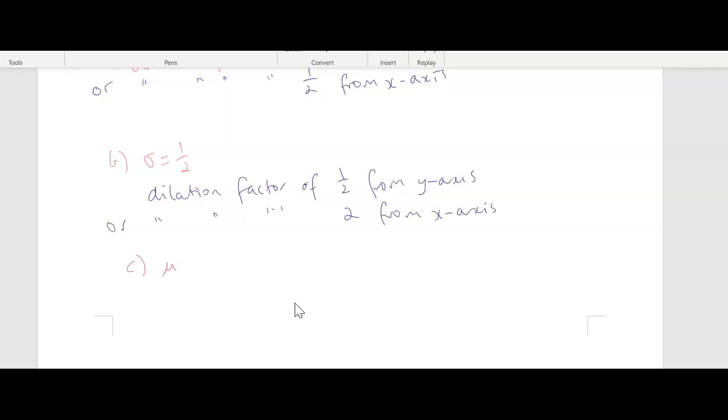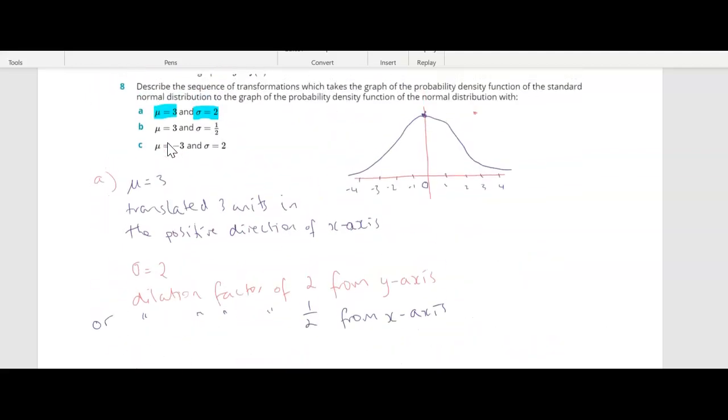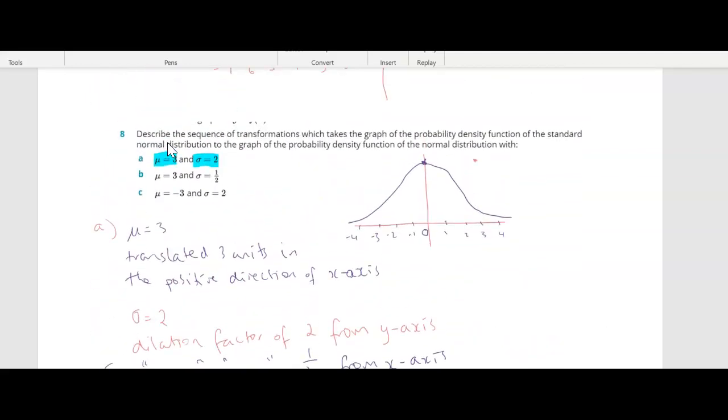So we've got a mean of -3, so translated 3 units in the negative direction along the x-axis. Okay, so make sure you write 3 units, not -3 units. That negative just tells us we're going in the negative direction.